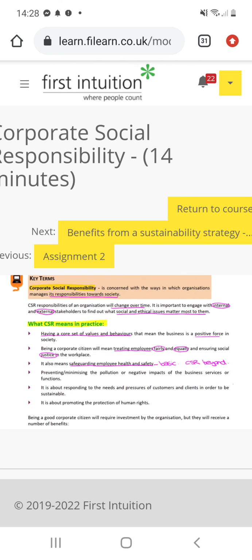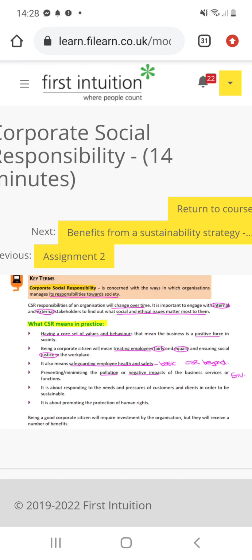CSR can also be about preventing or minimising the pollution or negative impacts of a business in the real world. So it's not just about the people, but it's about our environment as well. Can organisations do things in a more environmentally friendly way? And yes, there might be costs associated with that, so decisions would have to be made.